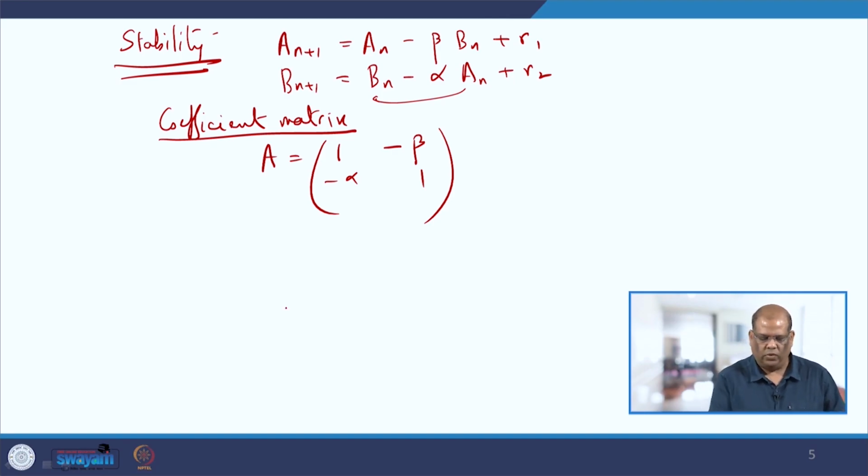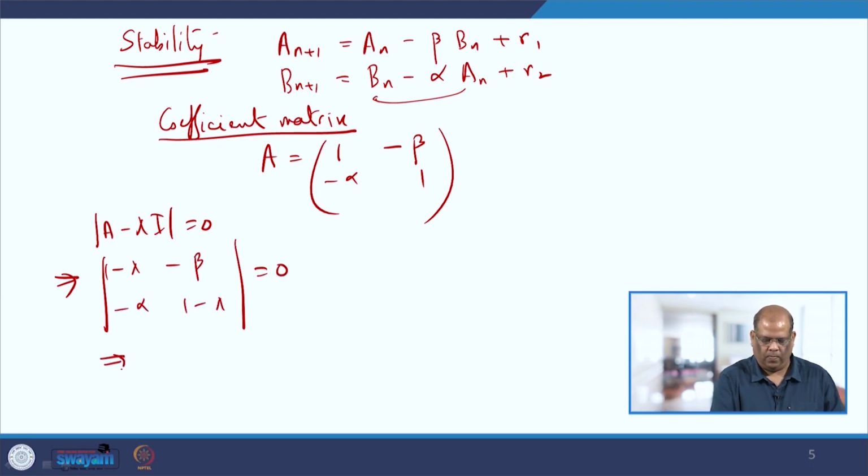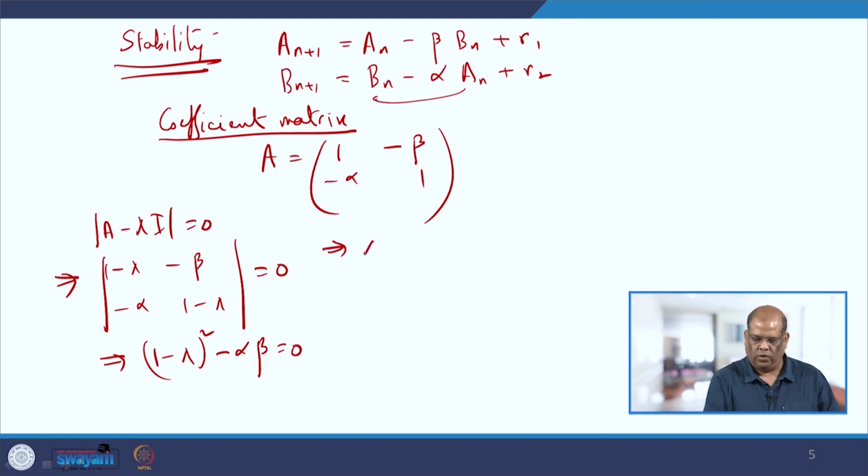The eigenvalues will be given by determinant of A minus lambda I equal to 0, which means (1 minus lambda) squared minus alpha beta equal to 0, which implies (lambda minus 1) squared equal to alpha beta.